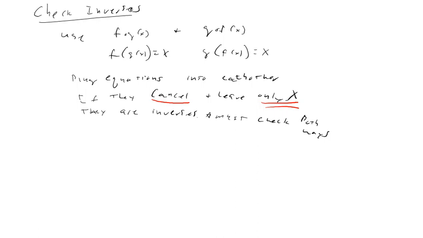So let's do an example. Say I have the function f of x is 2x cubed minus 1, and I have g of x, which is the cube root of x plus 1 over 2.